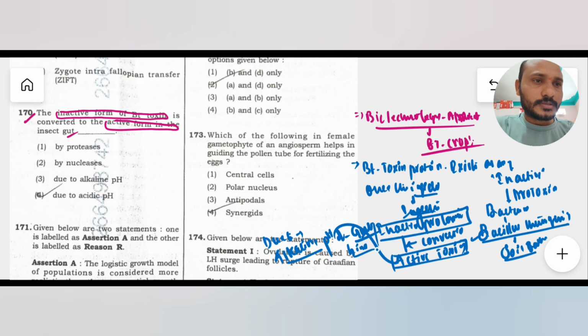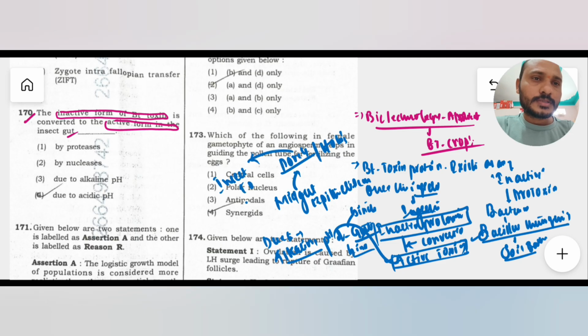Once converted into active toxins, these active toxins bind to the midgut epithelial cells. Remember, when the active Bt toxin binds to midgut epithelial cells, it creates pores, meaning holes, and these holes cause the insect's death. Very important. So likewise, the insect gets killed by these Bt toxins.